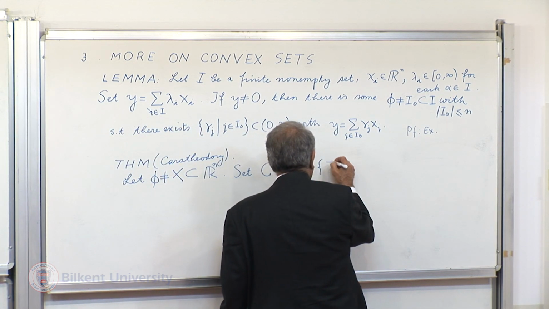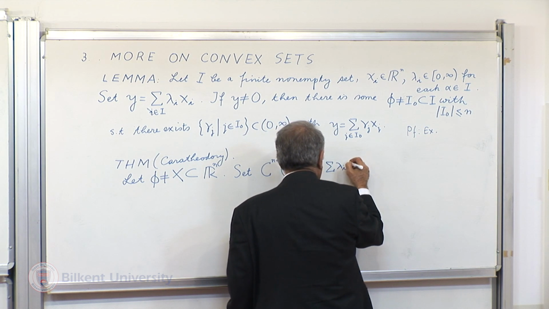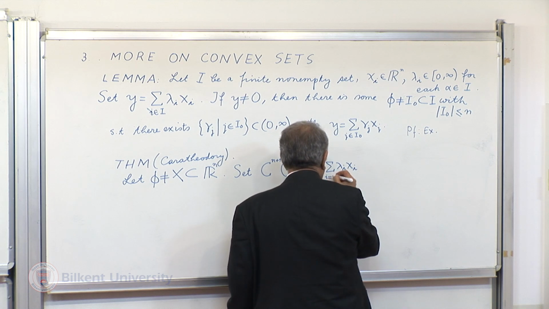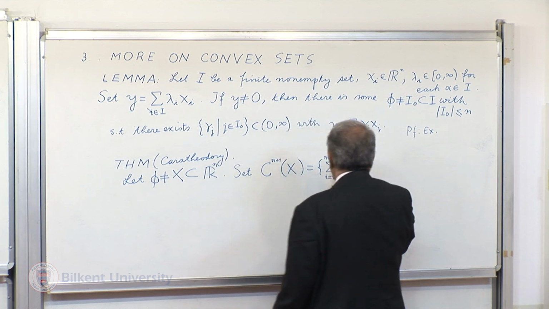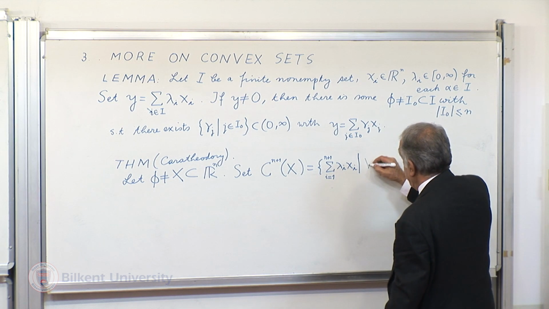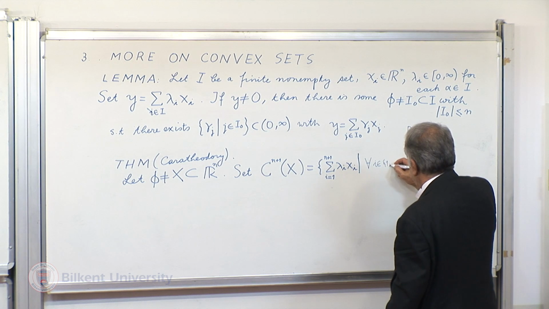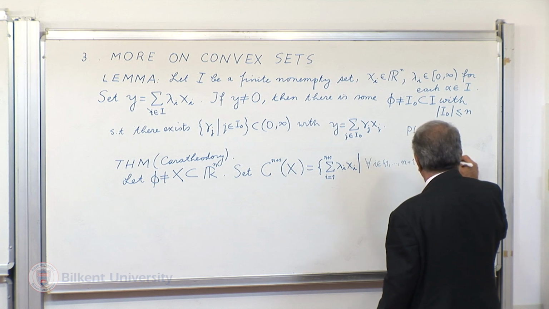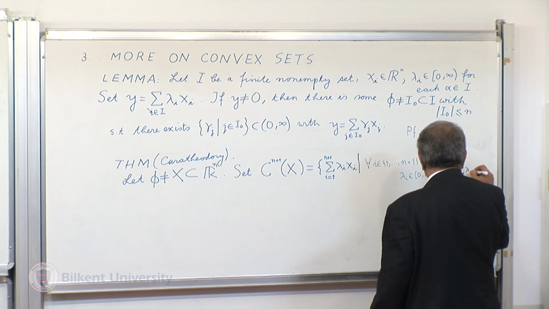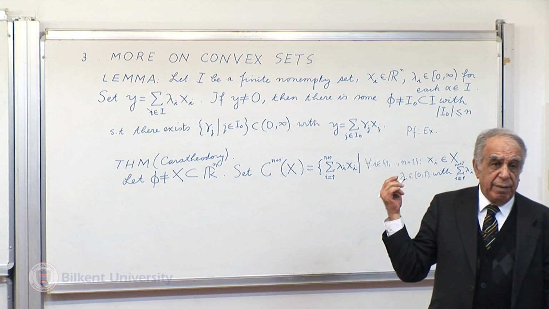This will be the set of all convex combinations of n plus 1 members of X at a time. That is, for all i from 1 to n plus 1, we have x i in X and lambda i in [0, 1] with the lambda i's adding up to 1. So this is a subset of C of X.